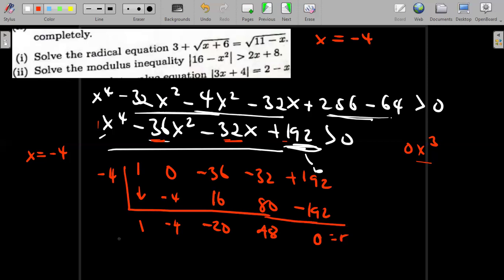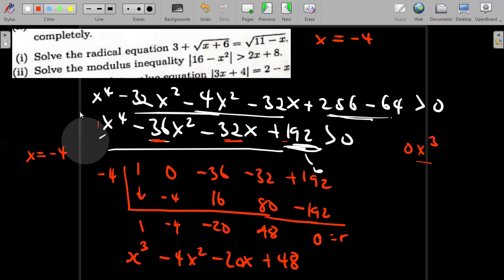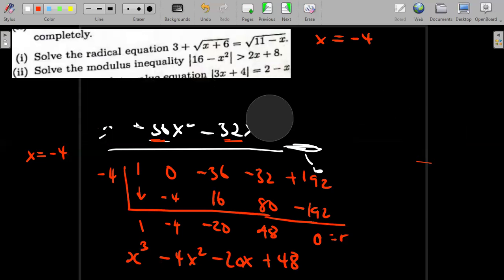Continuing now, this equation is going to appear as x cubed minus 4x squared minus 20x plus 48. So we must factor out again this polynomial.